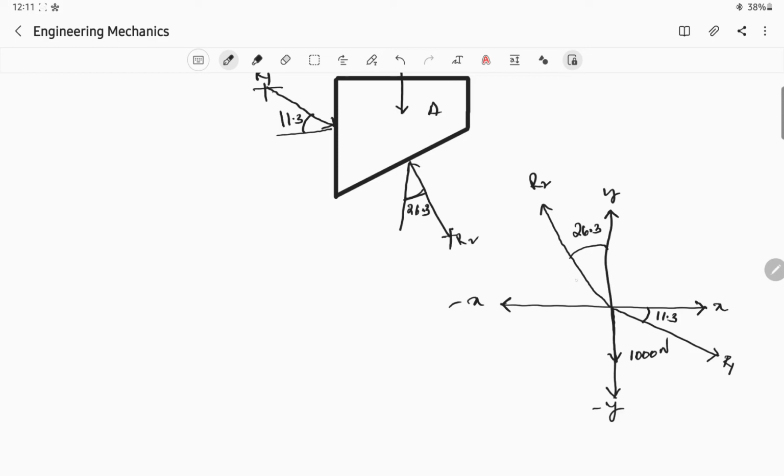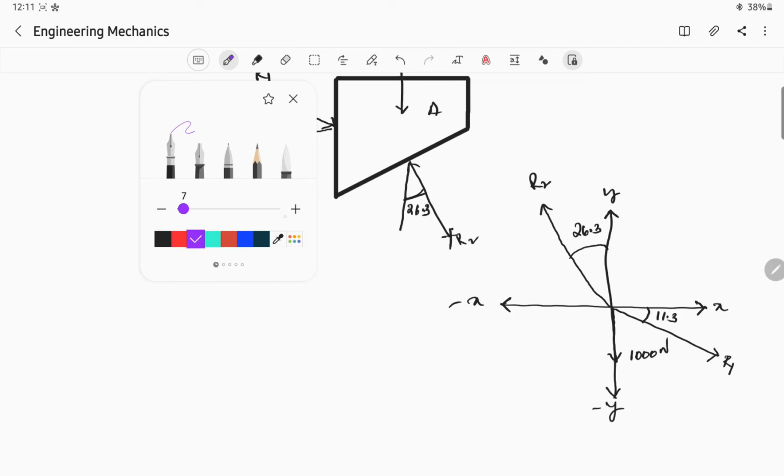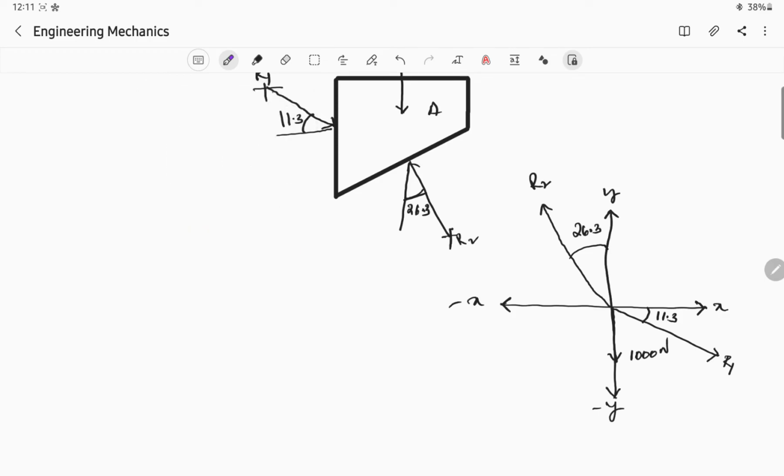If you apply Lami's theorem here, we need to calculate the angle between the other two forces. So what will be this angle?